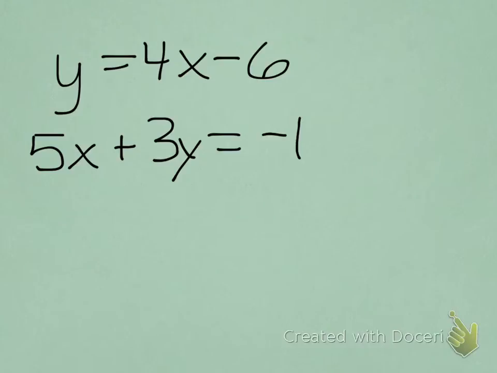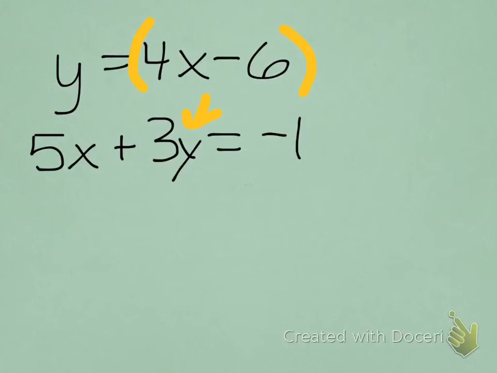So we're going to do this together. Step 1 says to solve one of the equations when necessary for one variable. If you look at the first one here, it's already solved for y, so we don't need to do step 1. Step 2 would mean to take what's equal to y, so in this case the 4x minus 6, and substitute it in for y into the other equation.